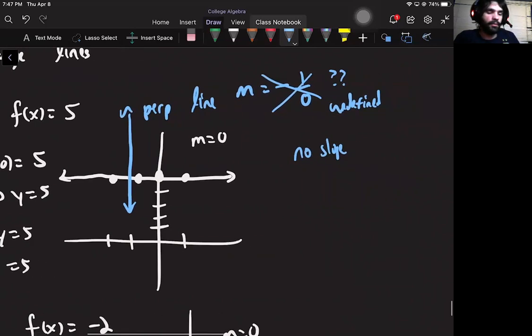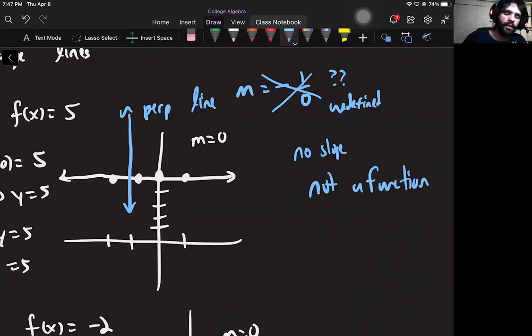And this vertical line is not a function, because it doesn't pass the vertical line test, because it is itself a vertical line. So it's not a function either. But we can write down an equation for it. It's just an equation, x equals a number, because what's going on is all the points on this line just happen at the same x value, x comma blank, the same x value.